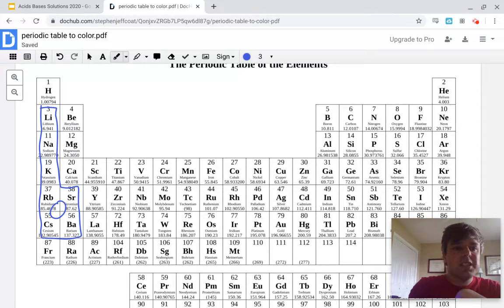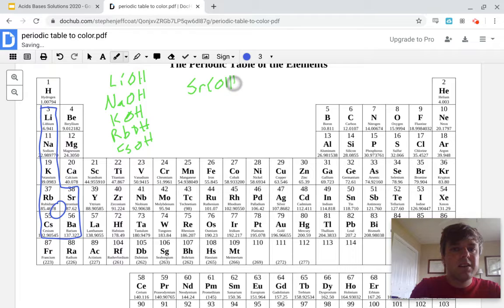So essentially, our strong bases are lithium hydroxide, sodium hydroxide, potassium hydroxide, then we have rubidium hydroxide, cesium hydroxide, then we have strontium hydroxide, which is Sr(OH)2 because group 2 has a positive 2 charge.